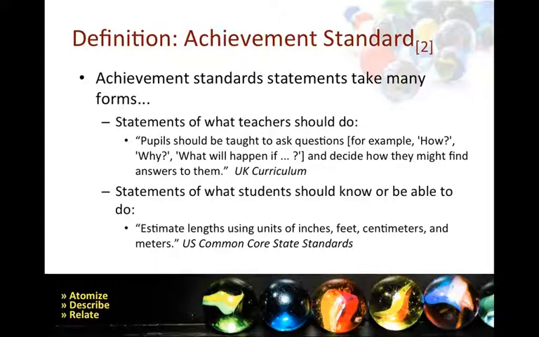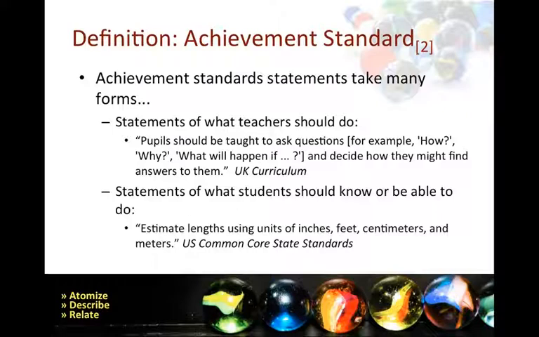Now, achievement standards take many, many forms across the United States and clearly around the world. Sometimes those statements, achievement standard statements, are statements of what a teacher should do. For example, pupils should be taught to ask questions. In other words, this is what the teacher needs to teach students.